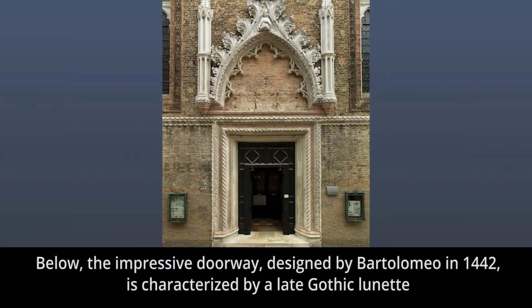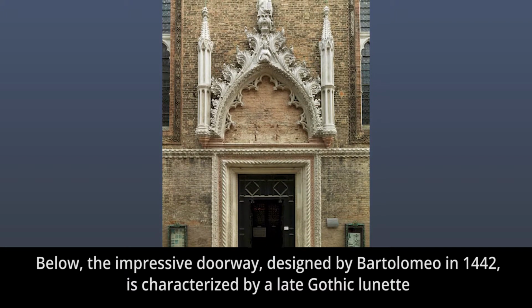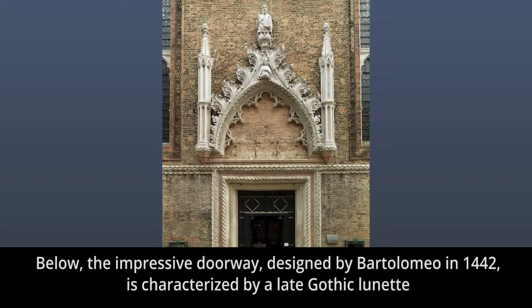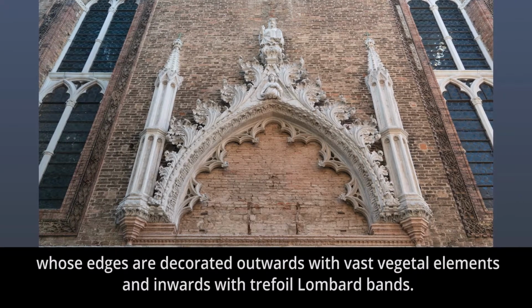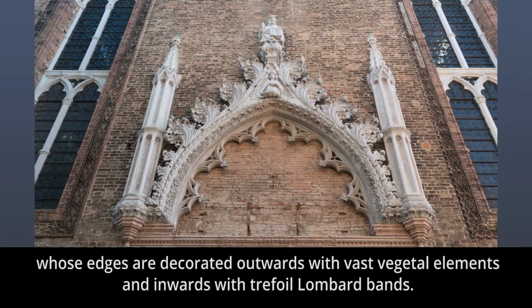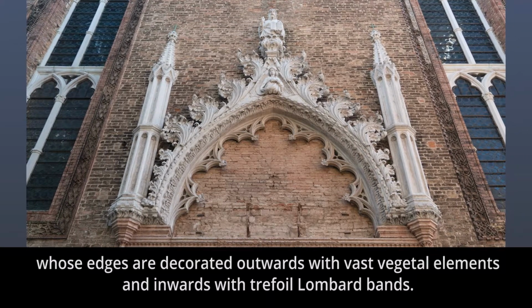Below, the impressive doorway, designed by Bartolomeo in 1442, is characterized by a late Gothic lunette, whose edges are decorated outwards with vast vegetal elements and inwards with trefoil Lombard bands.